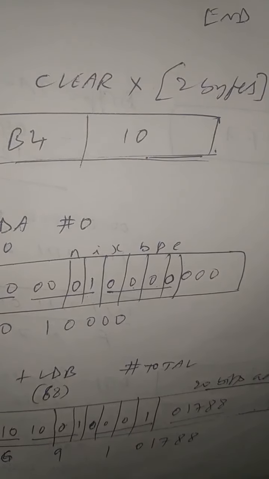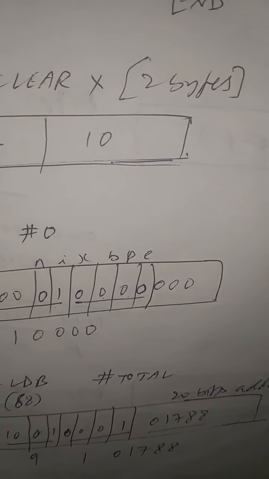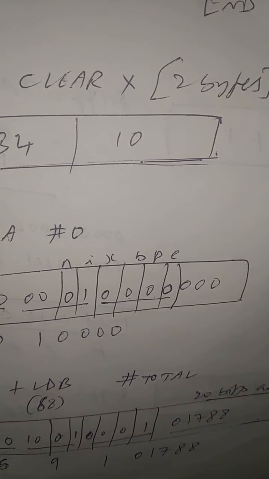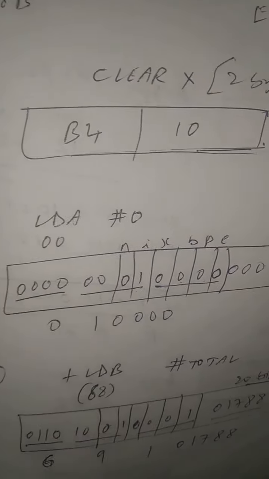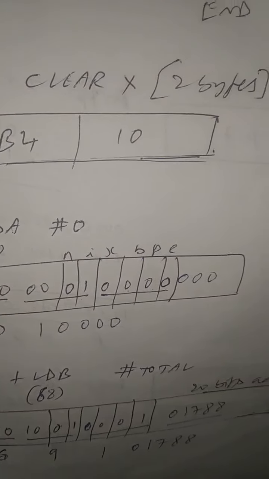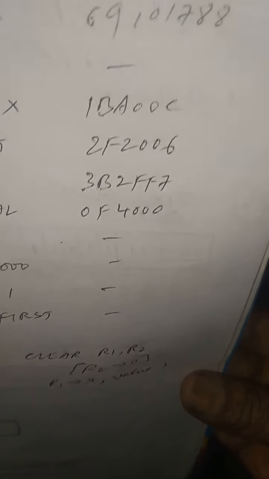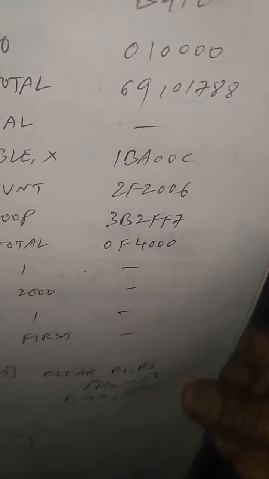The remaining flag bits are all zeros, and the displacement is 0 because the value 0 is given directly, so 0, 0, 0 in the displacement. Finally it becomes 010000, which is what I have written here.